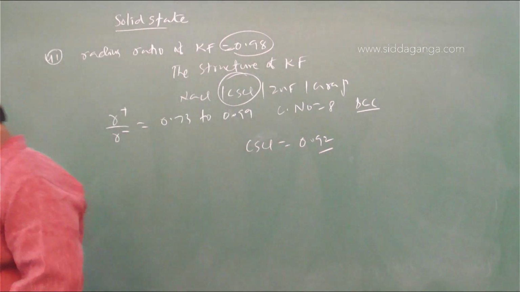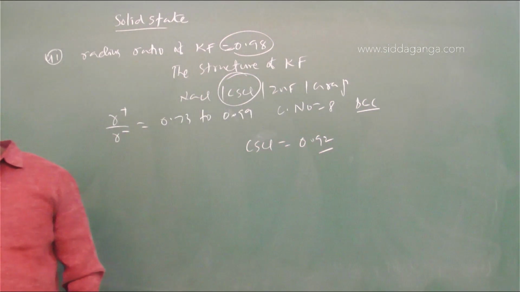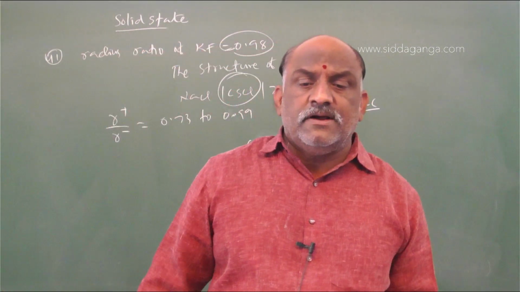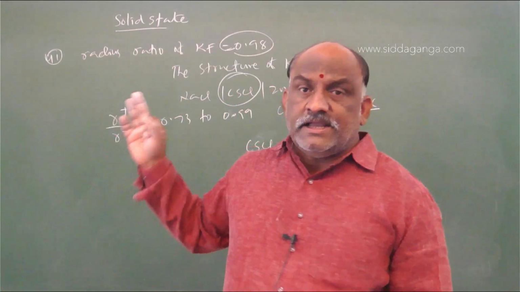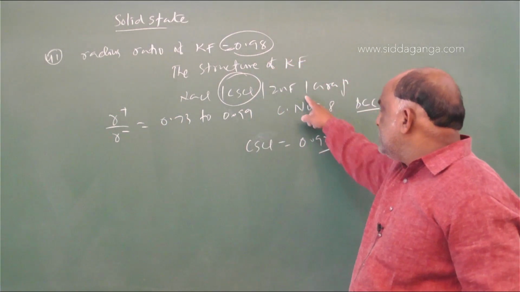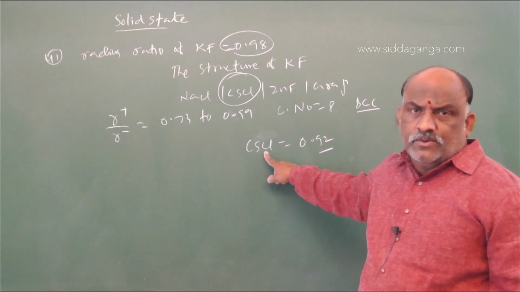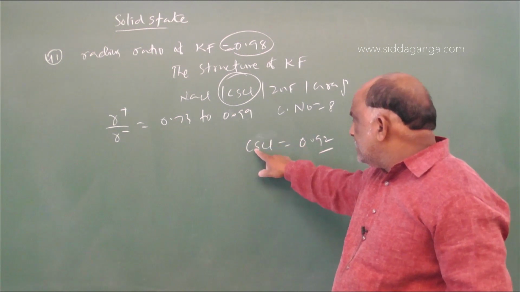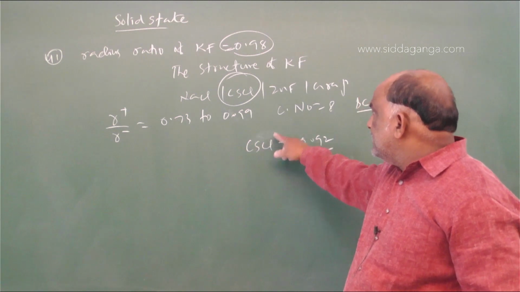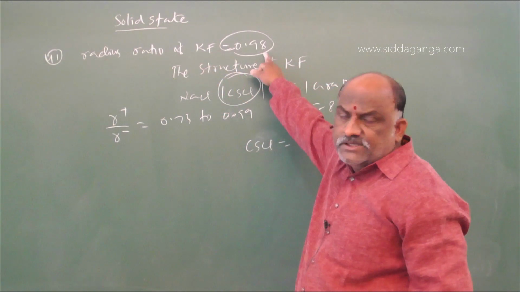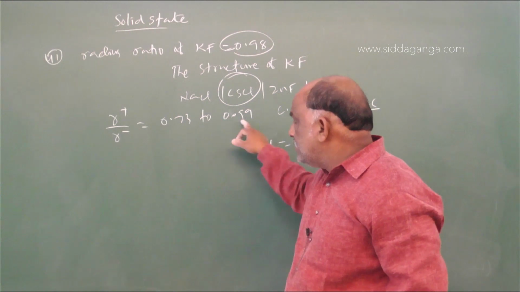Structure of KF is nearly cesium chloride structure, because the coordination number of the compound is 8. On the basis of that 8, we already know cesium chloride. Coordination number of cesium 8, coordination number of chlorine 8, like that coordination number of potassium and fluorine both are 8, because of the values 0.98, 0.73 to 0.99.